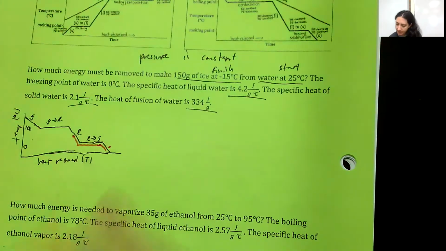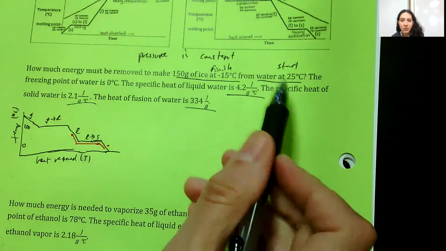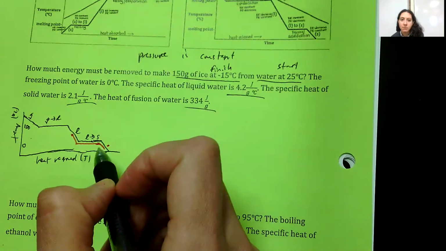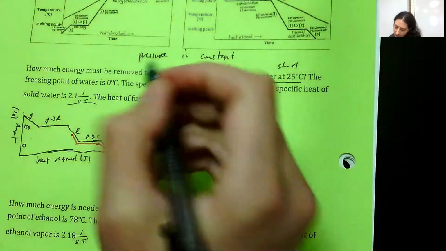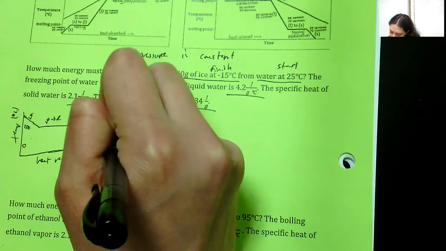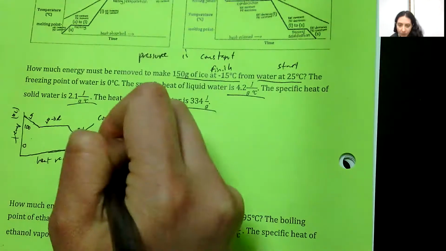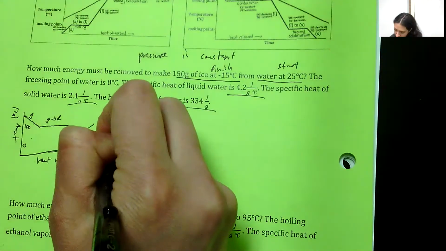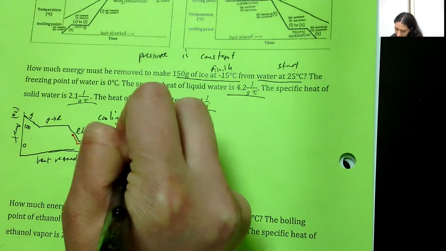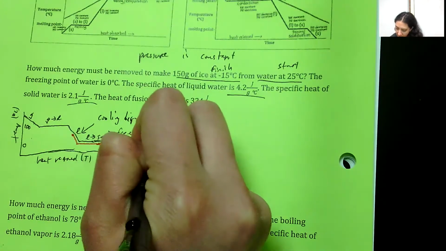The first one is cooling the liquid down from 25 degrees Celsius to its melting point of 0. This is the cooling the liquid stage. Then we need to freeze it. This is the freezing stage. And then finally is cooling the solid.